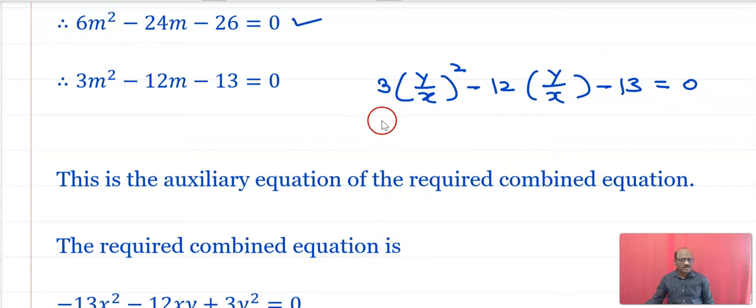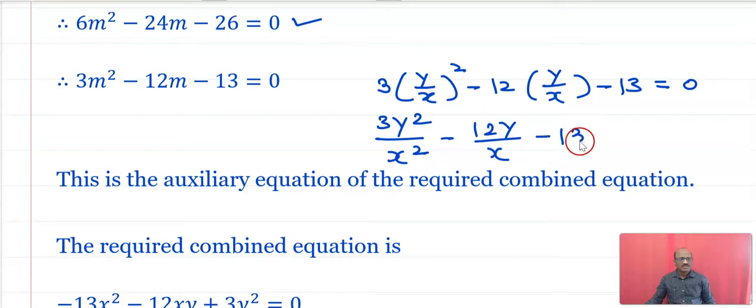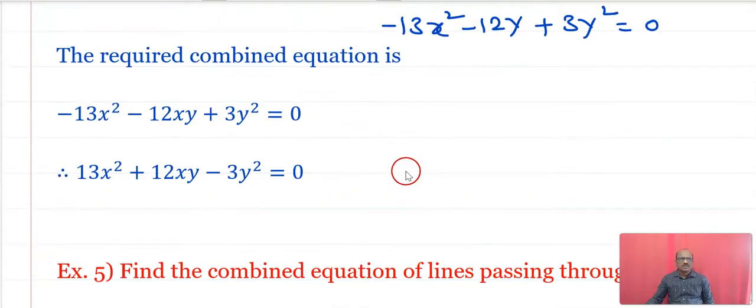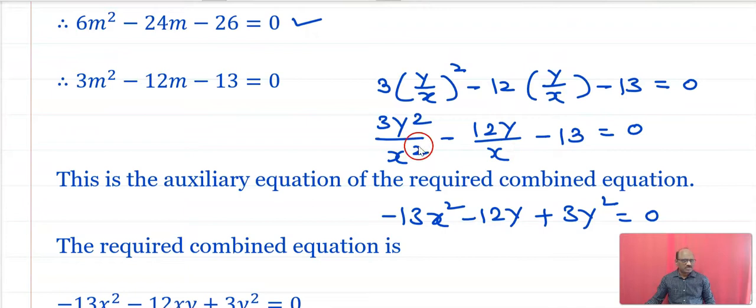Now here we will simplify it, that is 3y square upon x square minus 12y upon x minus 13, and that's equal to 0. Okay, and if you multiply this whole equation by x square, then this x square will get cancelled. 12y upon x into x square, one x will get cancelled and here one x is there, and the next is minus 13 x square.